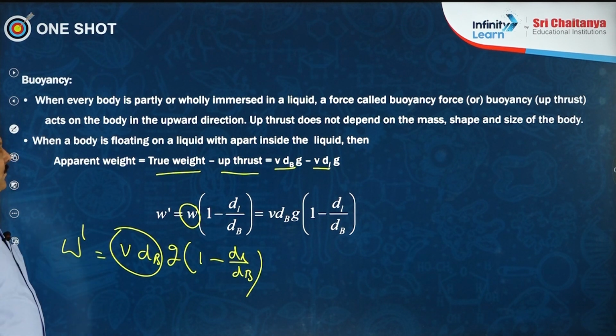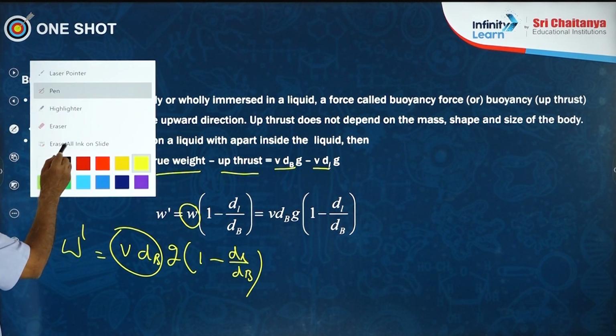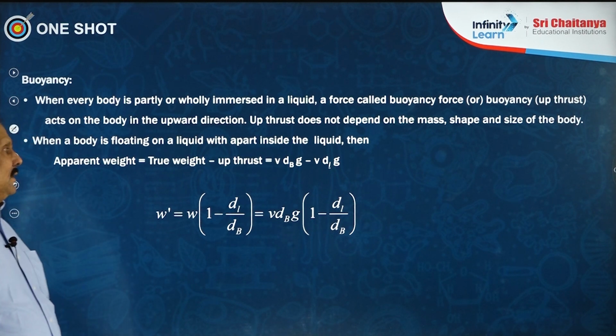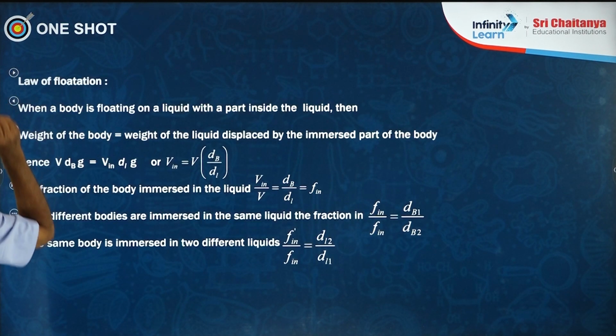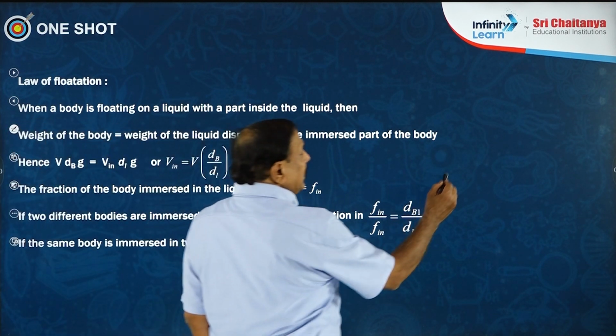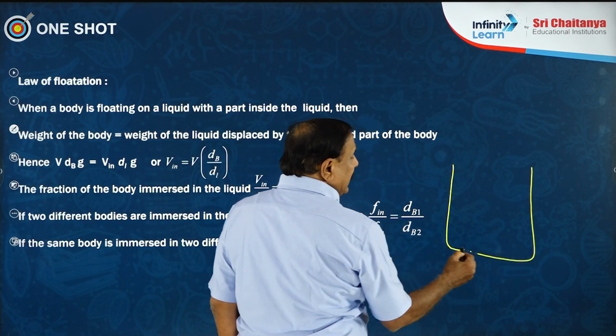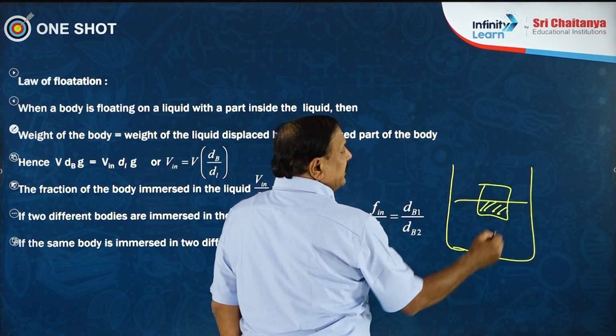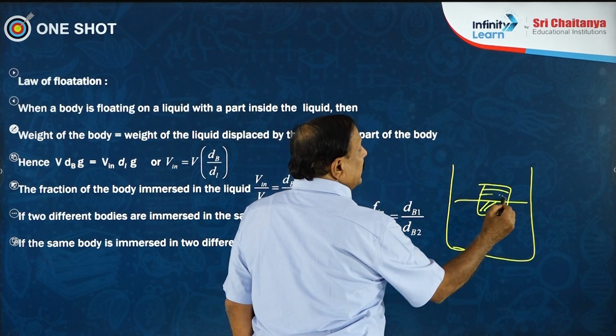So this is the simple formula that we can write when a body is either completely or partly immersed in the liquid. When the body is partly immersed, suppose this is the beaker containing the liquid and this is the body, a part of the body is inside the liquid and a part is outside the liquid.